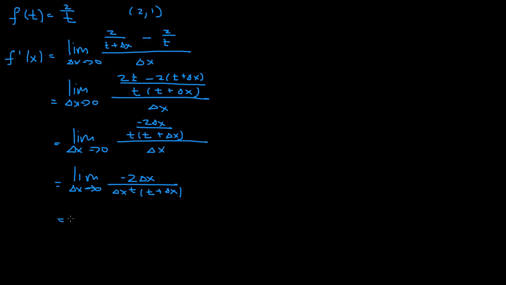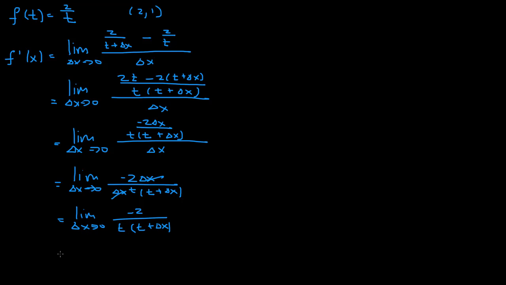And I think what you see here is that a pretty nice cancellation can be done: that delta x and that delta x can cancel, leaving us with a negative 2 on the top, a t on the bottom, and a t plus delta x on the bottom.